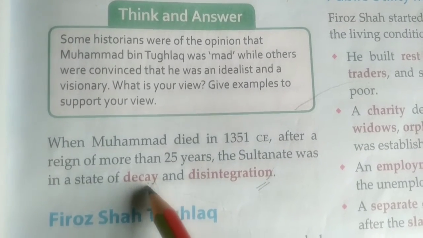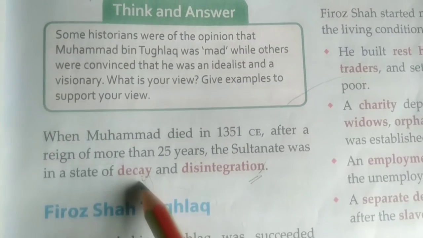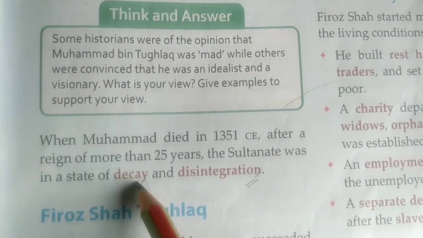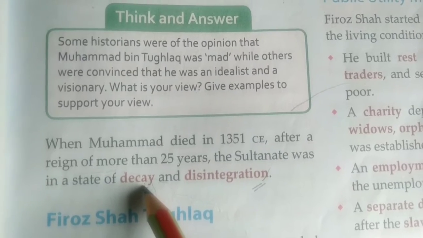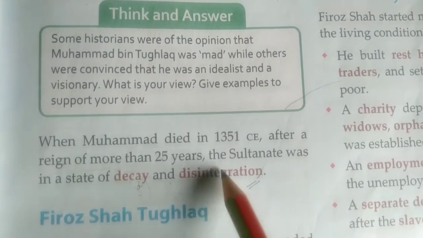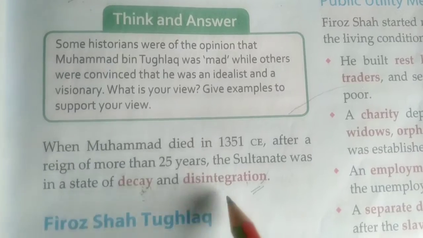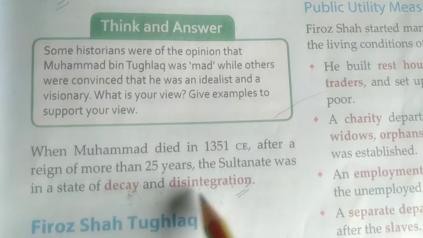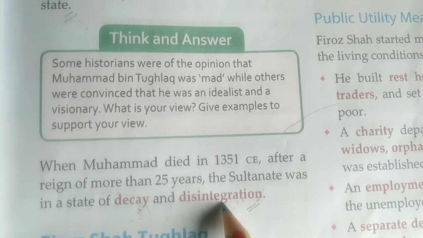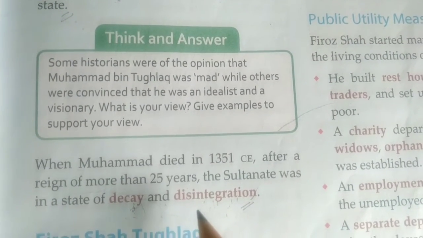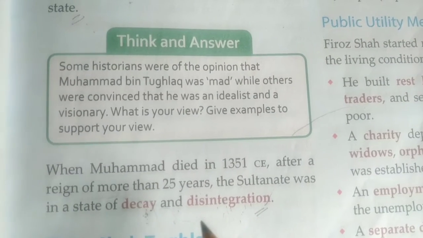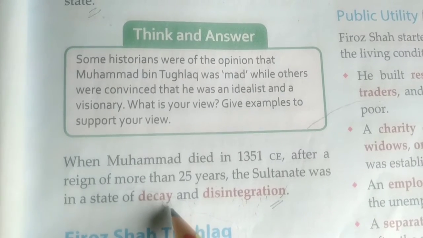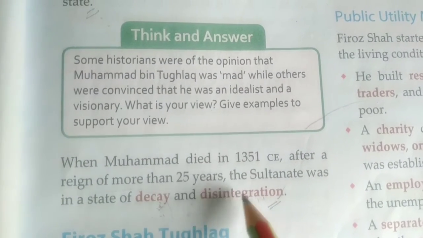In this sentence, decay means breakdown of the Sultanate because of so many failures taking place. And disintegration means losing strength. The Sultanate was in a state of losing strength because of the schemes that were not successful. He could not achieve what he wanted to. So we see the Sultanate was in a state of decay and disintegration.